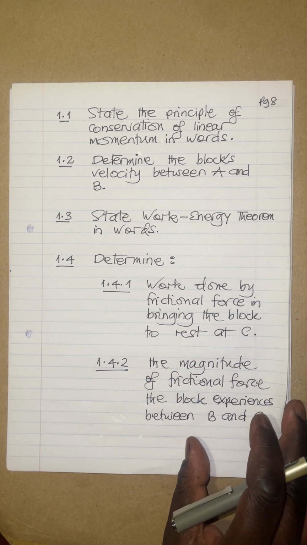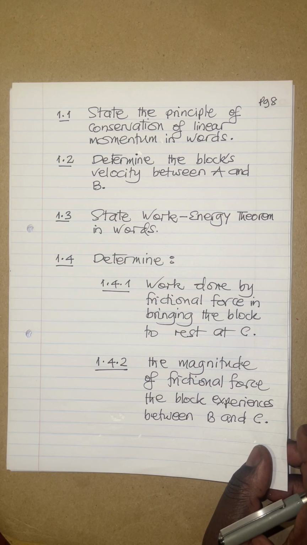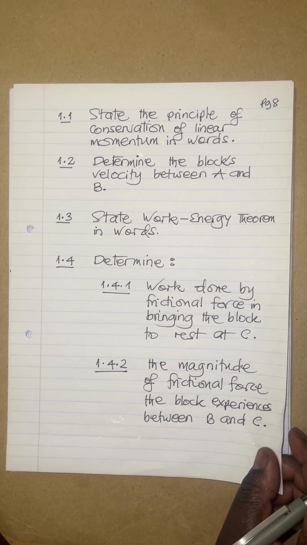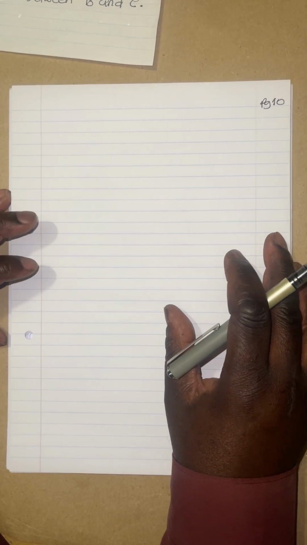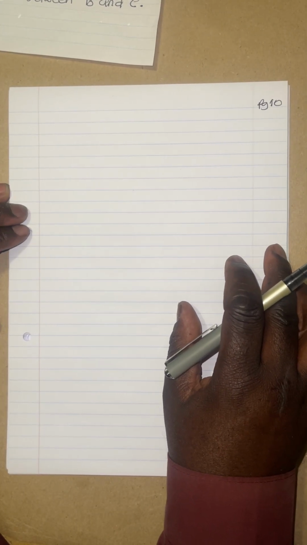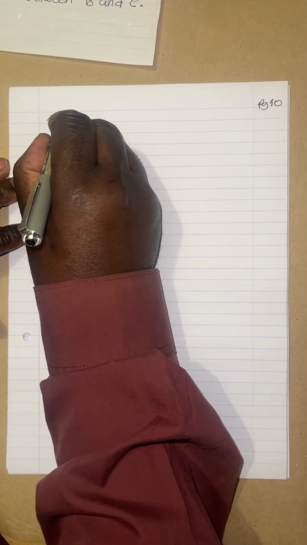In order for us to work out work done by frictional force, or whatever case it may be, whenever you are required to determine work done, it is very critical that you draw a free body diagram first, because we're dealing with forces here, and it's important to identify the kind of forces you have in your system. So 1.4, let me have the original diagram here.